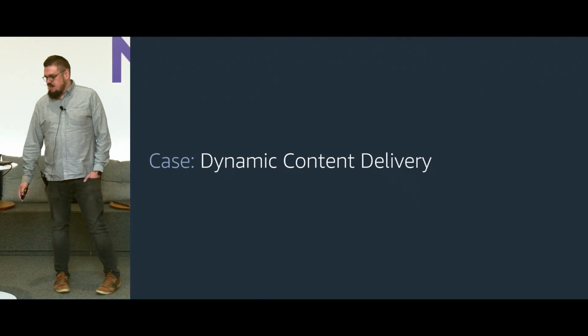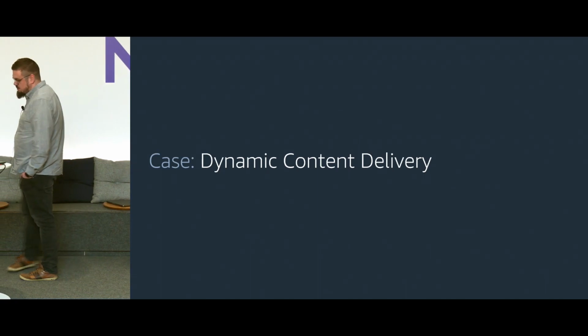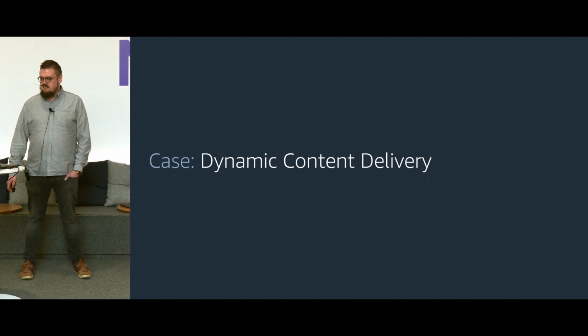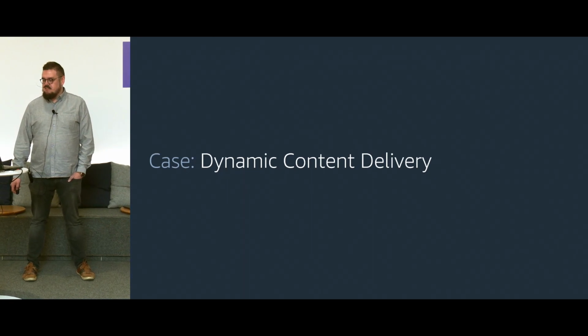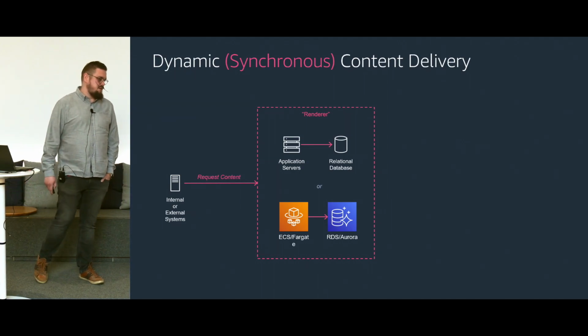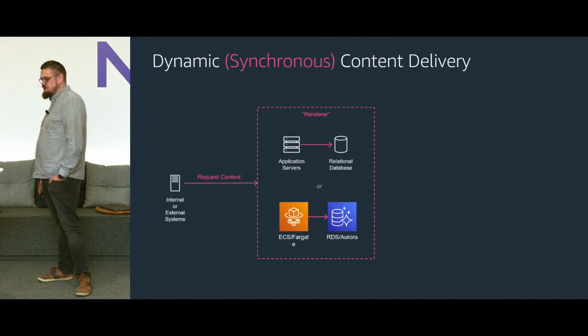Another case, dynamic content delivery. If you ever work with a media company or a company that is providing a lot of content, you probably have some kind of content delivery setup. This is a setup that we've done throughout the years many times in various different contexts.